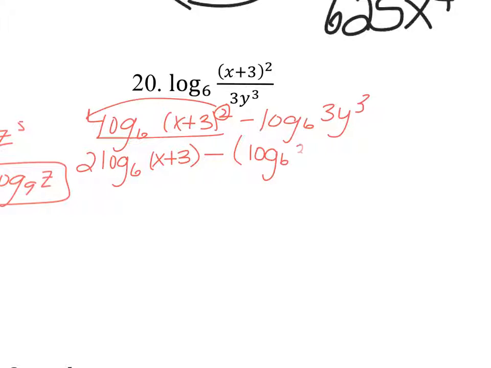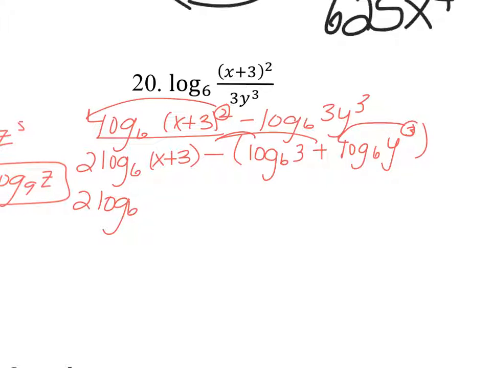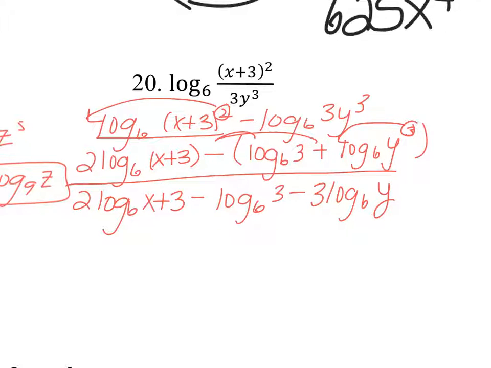Log base 6 of 3 plus log base 6 of y cubed. So now I can make that a coefficient, and I'm going to distribute that negative. So I have 2 log base 6 of (x plus 3) minus log base 6 of 3 minus 3 log base 6 of y. And I'm done.